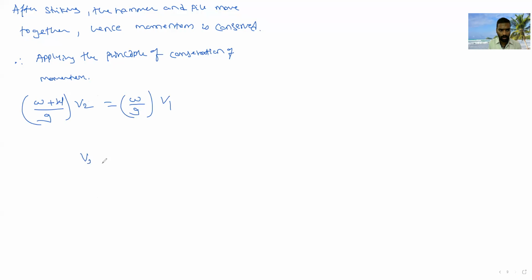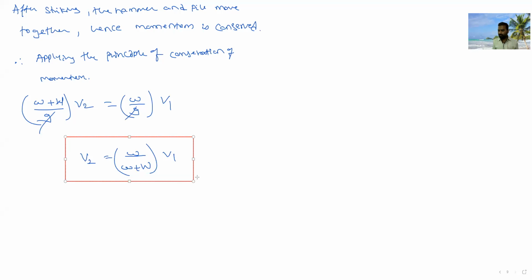Your aim is to find the final velocity, with the pile and pile hammer moving together. So V2 is equal to w divided by (w plus capital W) into V1. This formula you have to remember. This is important.